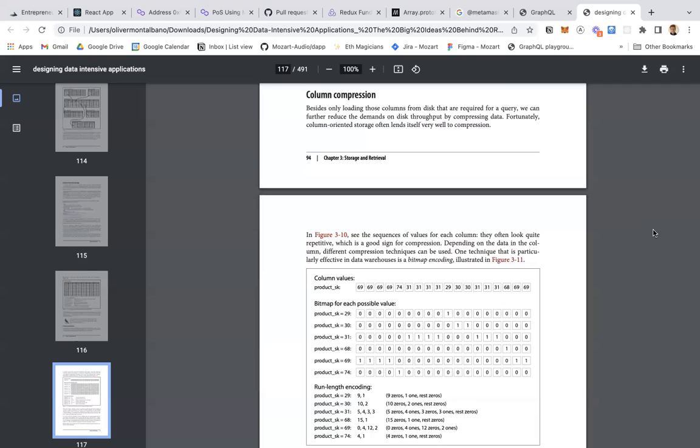Oh, I thought you were talking about the data warehouse as a whole. I was just saying, in general, the columns are probably all on the same sheet. Yeah, that's a good point. Cool.